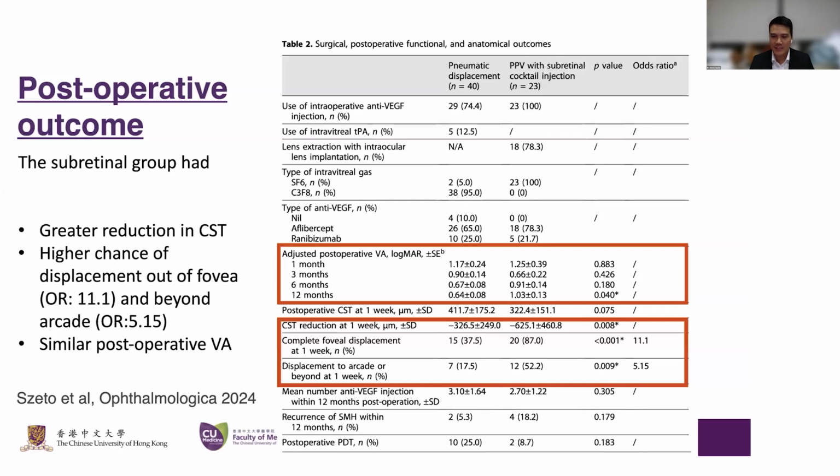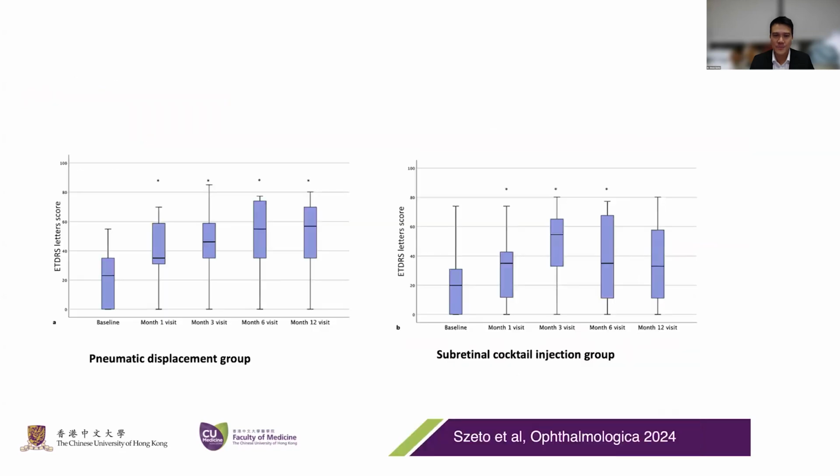Needless to say, the CST reduction is greater in the subretinal injections group, and the rate of complete foveal displacement or displacement to arcade or beyond is also greater in the subretinal injection group. The odds ratio is up to 11.1 for foveal displacement and 5.15 for displacement to arcade and beyond.